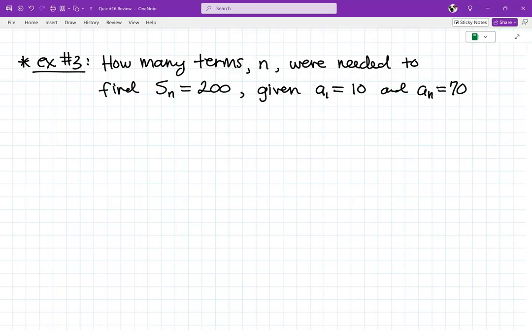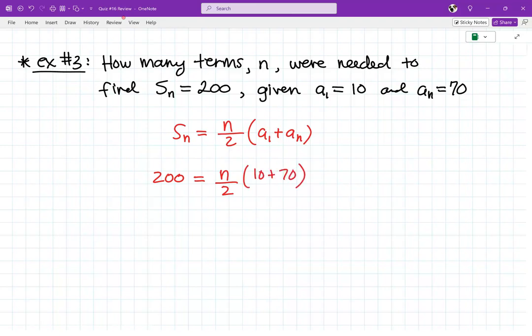So we're still going to use this formula. Notice we're not changing what we're supposed to know. We're going to plug in what they gave us. They told me that S sub n is 200. N, I don't know what it is. That's what I'm trying to solve for. A sub 1 is 10.